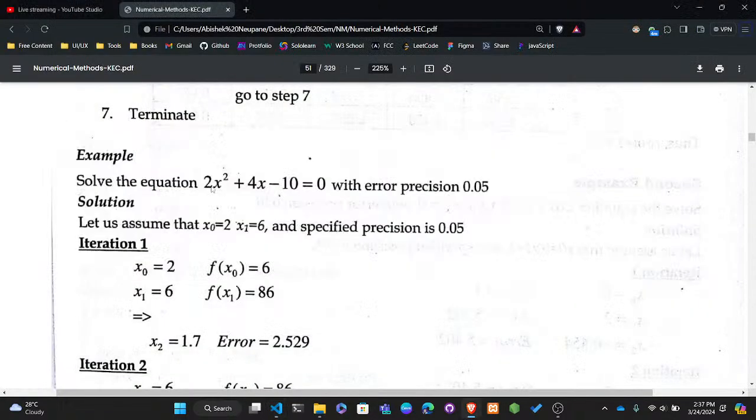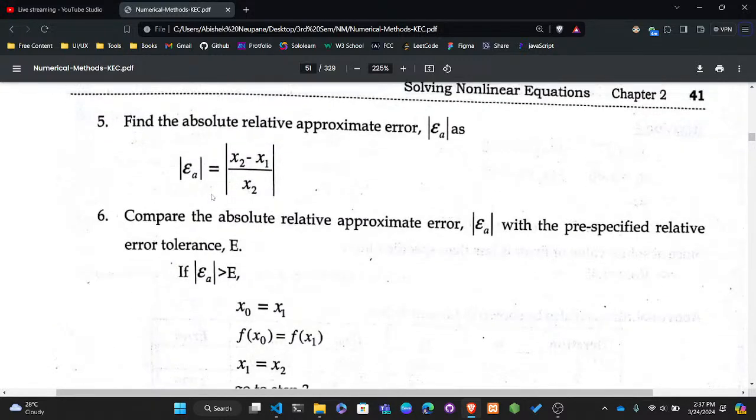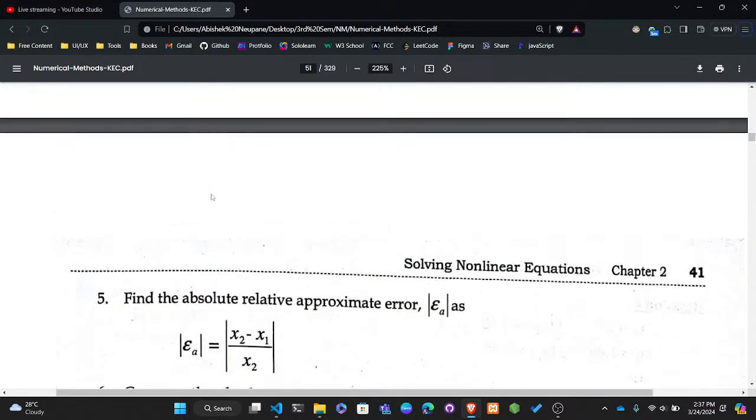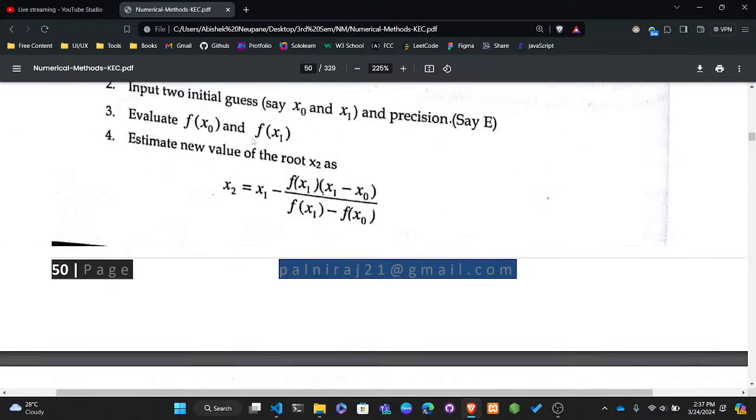Let's look at the algorithm first for a second. We have to calculate the new root for our next calculation. So let's input this formula there.